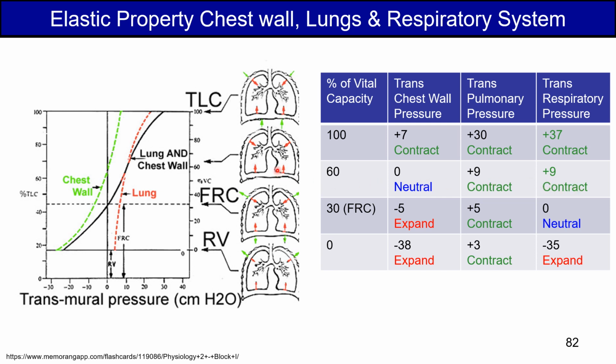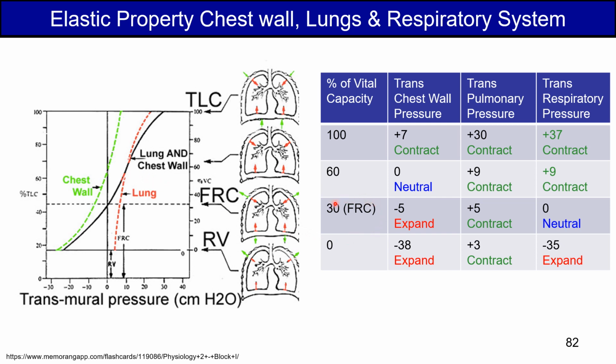So at 60% of the vital capacity, the chest wall neither wants to expand nor contract, while the lungs would like to contract. The trans-chest wall pressure is 0, the transpulmonary pressure is plus 9, and therefore the respiratory system wants to contract.